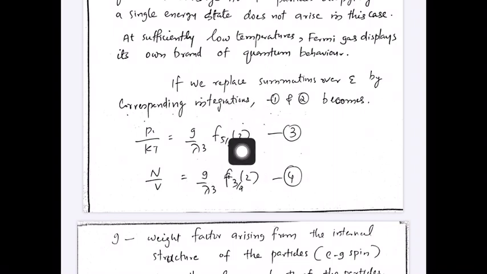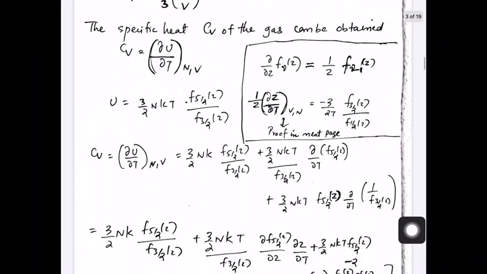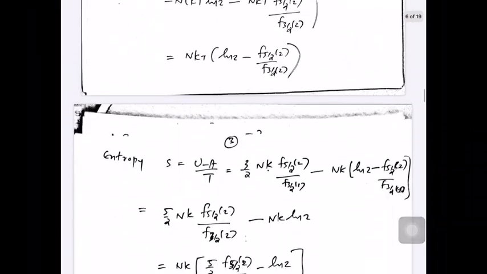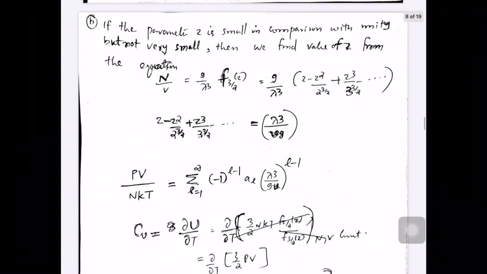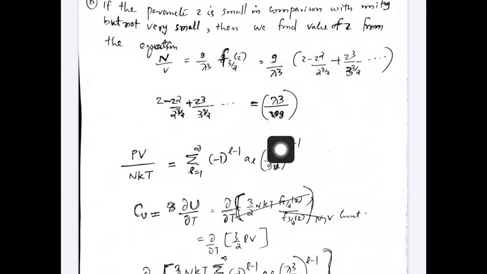So here this f_{5/2}(z) is a series in terms of z. Now from this we have got z in terms of λ³/(vg). So we are expressing this z in the f_{5/2}(z) in terms of λ³ by small v by g. So we are getting PV/NkT in terms of λ³ by vg.